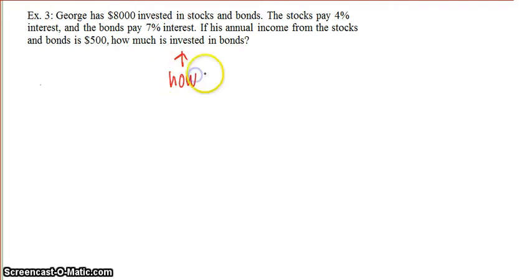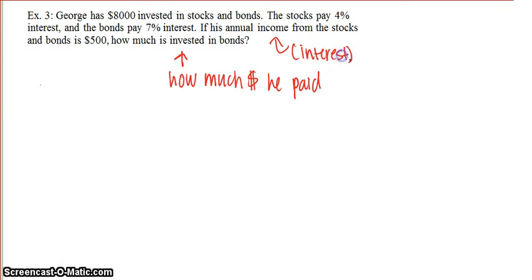So how much is invested is how much money he paid. The income is the same as the interest, or the money he got from that stuff. So he got from them. Okay.